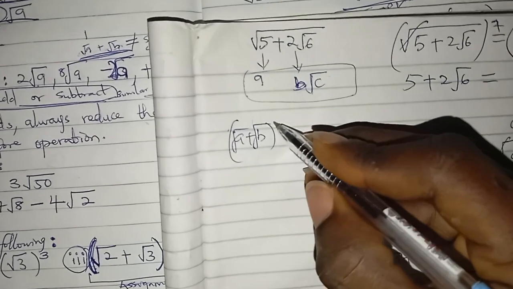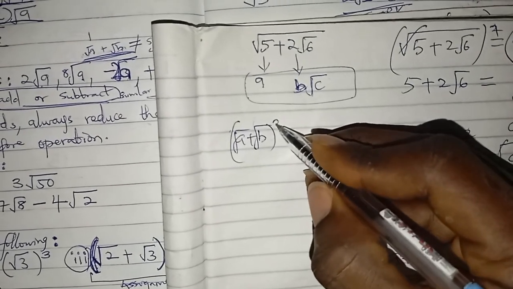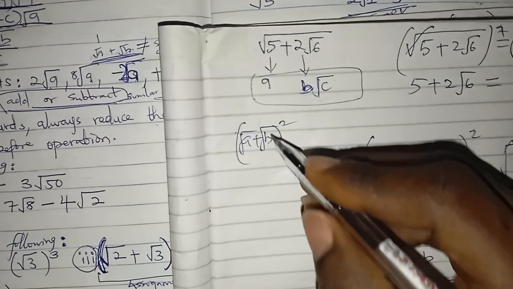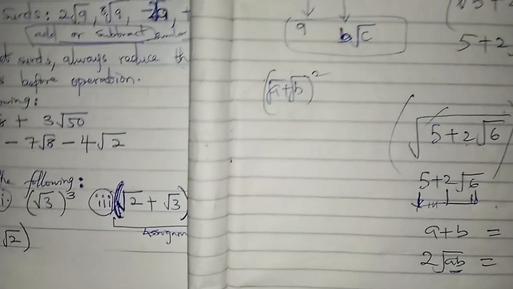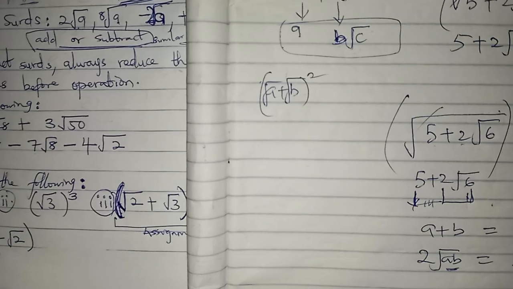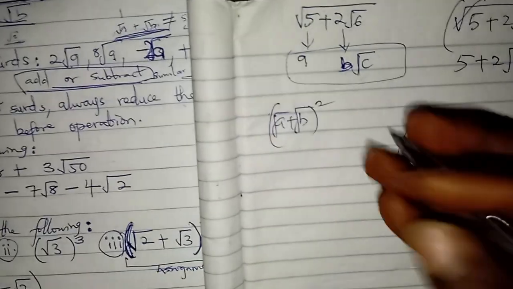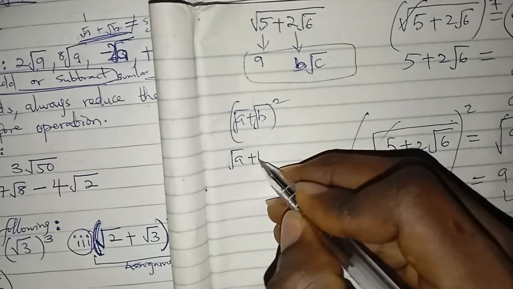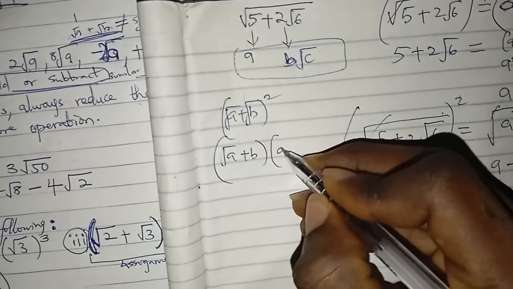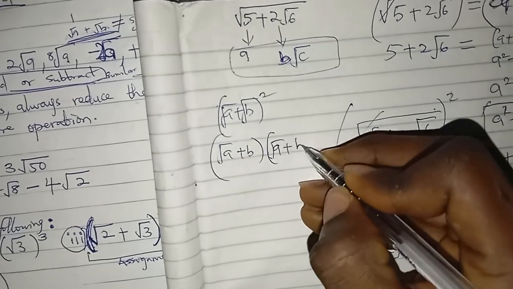So when we take the square of both sides, you see that we now have a plus b. We take the square, this becomes root a plus b, root a plus b.